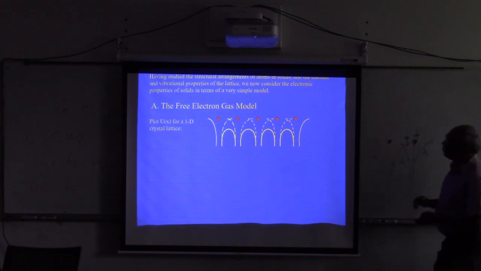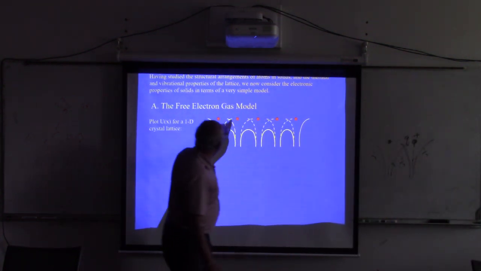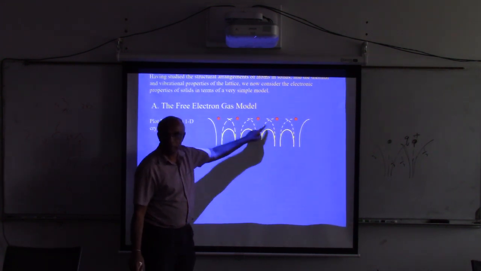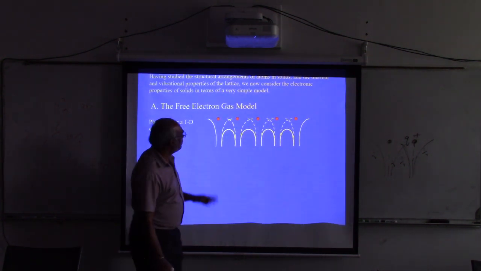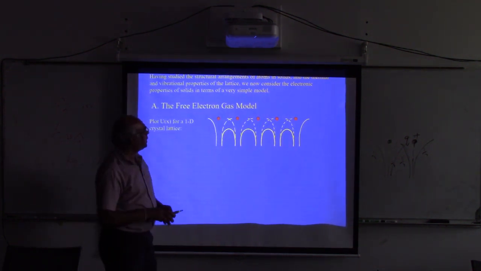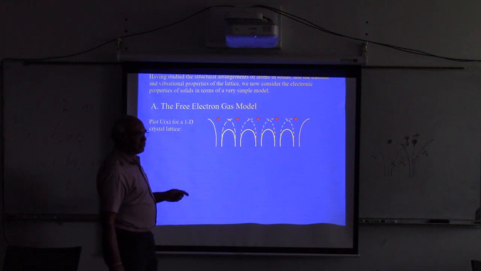So for each atom you can draw the 1 over R potential term like this, the dashed line. Now if you add all these terms, what do you get?